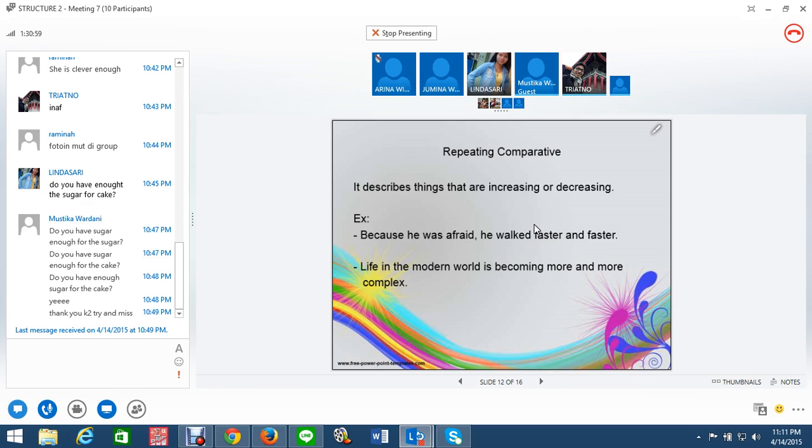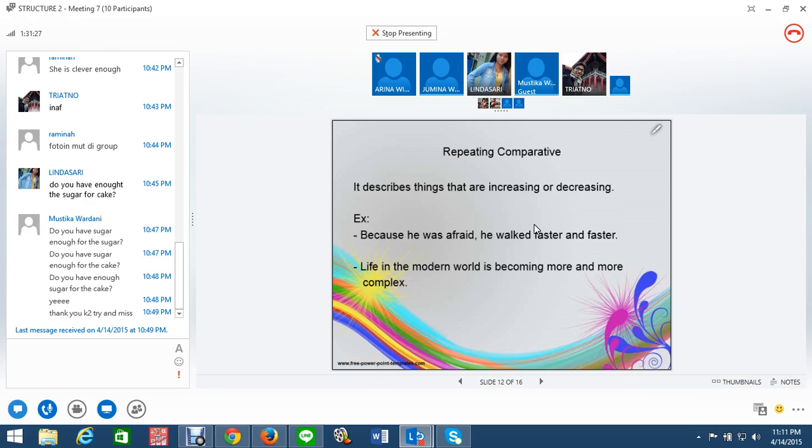Jadi 7.11 dan 7.20 kan judulnya di situ ada repeating comparative, right? Itu seharusnya double comparative, oke. Okay? Dan unit 3-nya 7.20 itu di situ kan double comparative. It should be repeating comparative. Okay.